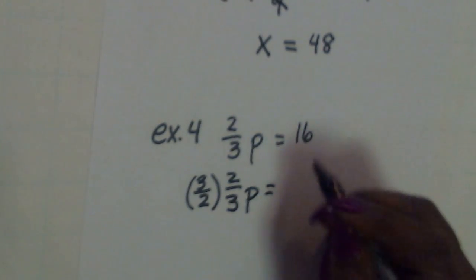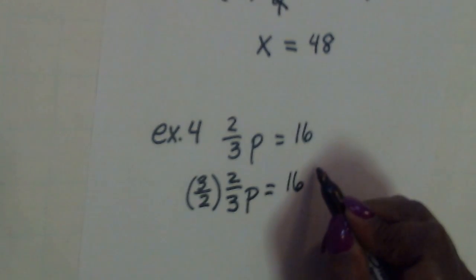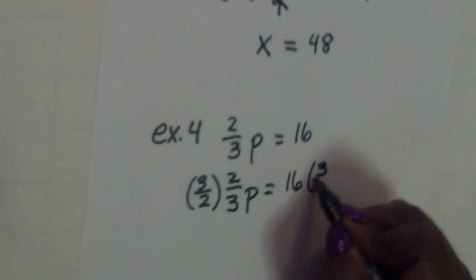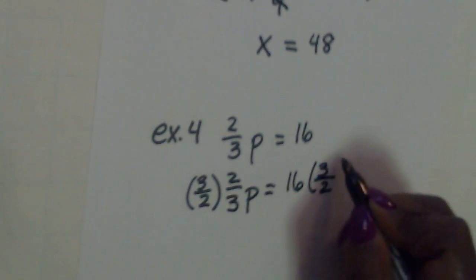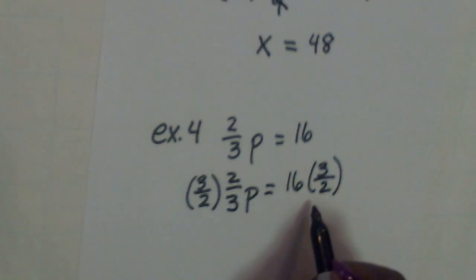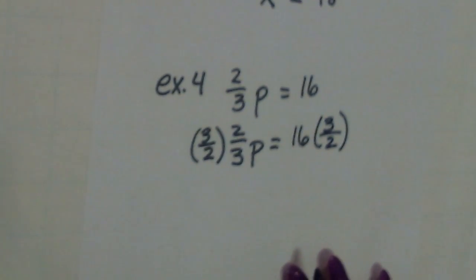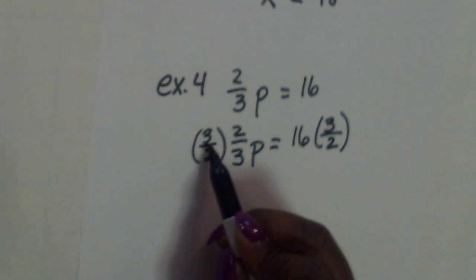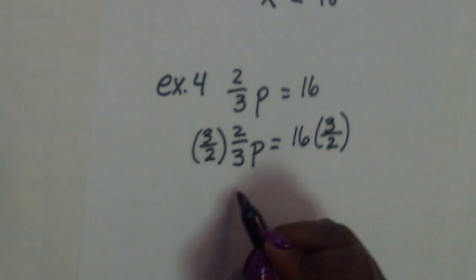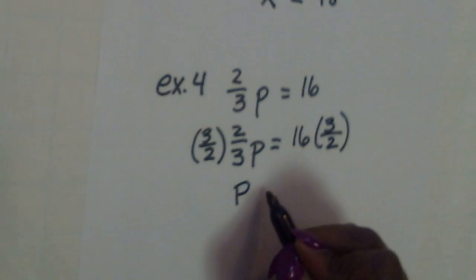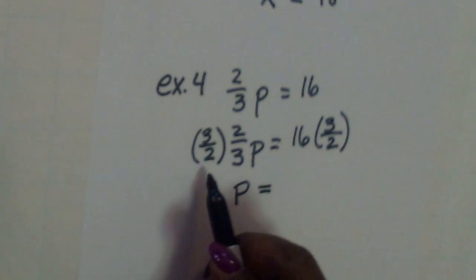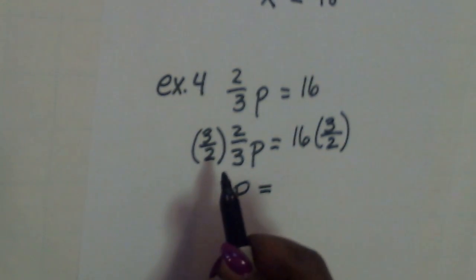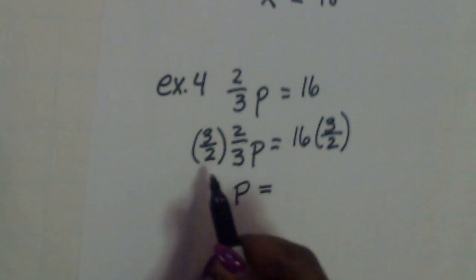And on the other side, we're going to multiply 16 by 3/2, the fraction that we just flipped. So when I do this, this will become 1 because this is 6/6, which is 1. So I can just write p. If you flip the fraction and multiply, it will always be 1.